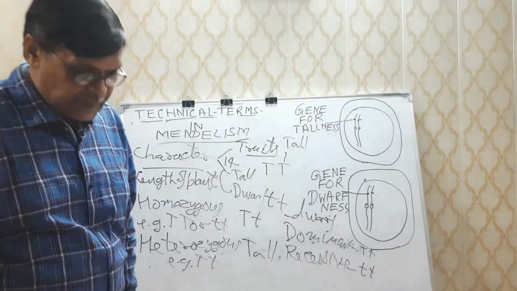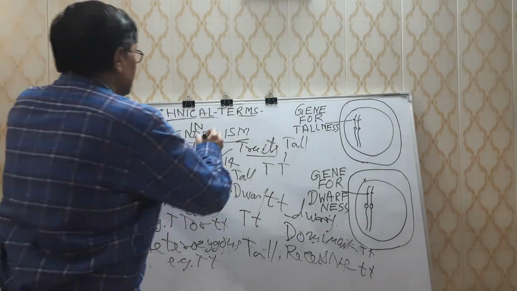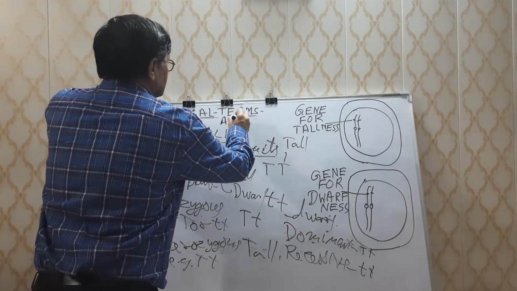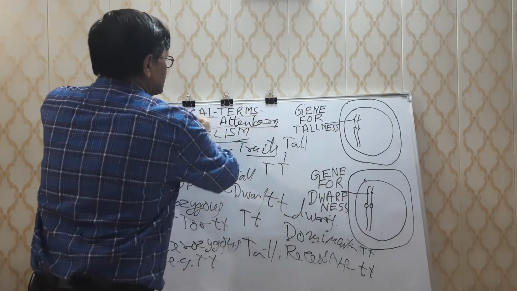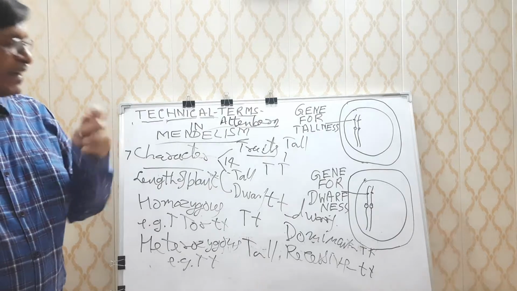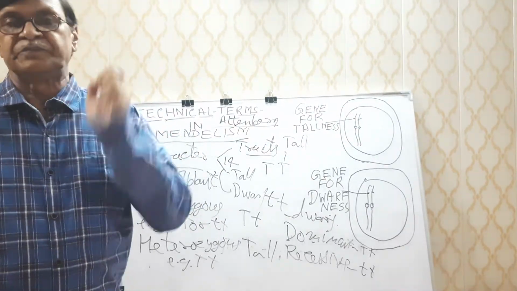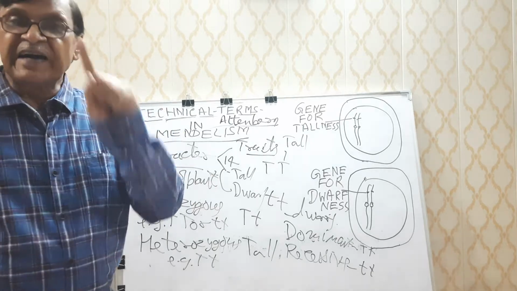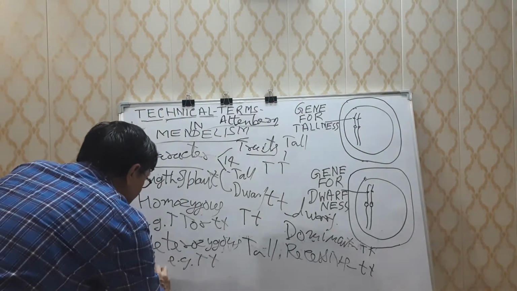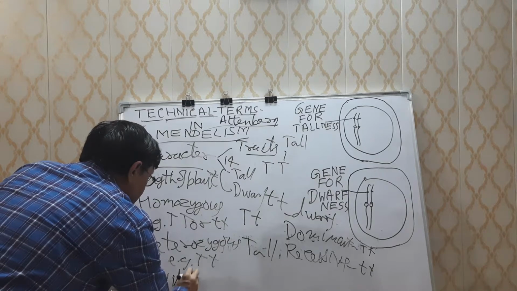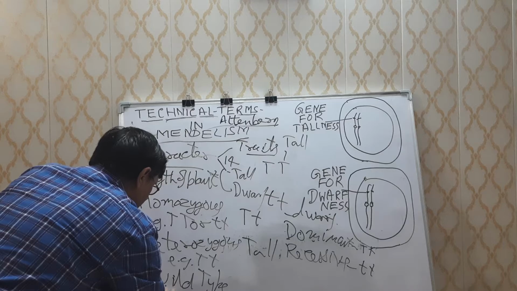Now, another terminology was given by Altenburg. Mendel had given the terminology of dominant and recessive. Now, Altenburg had given the concept of wild type and mutant type.